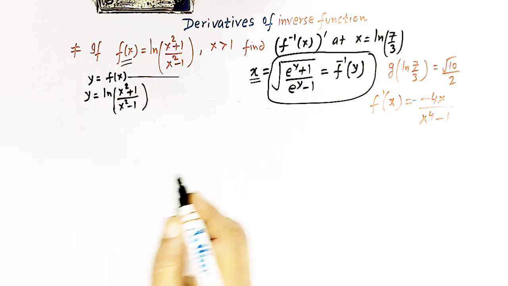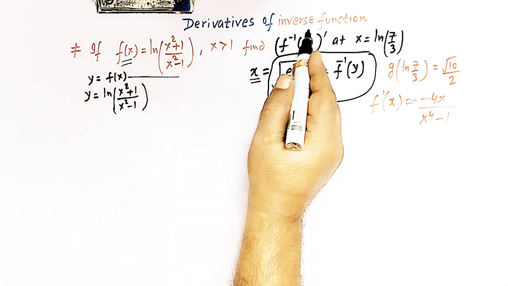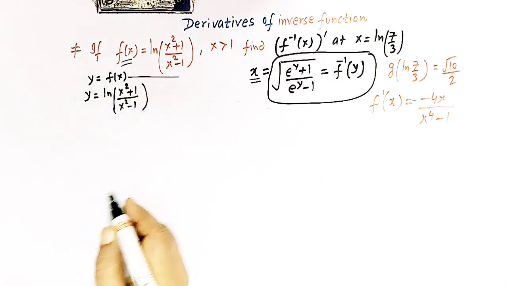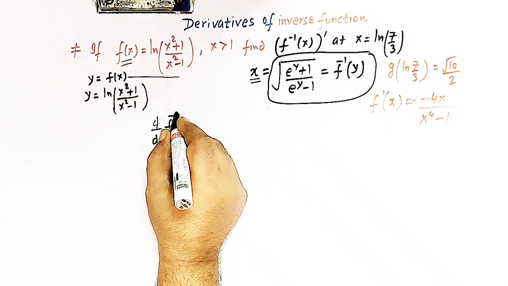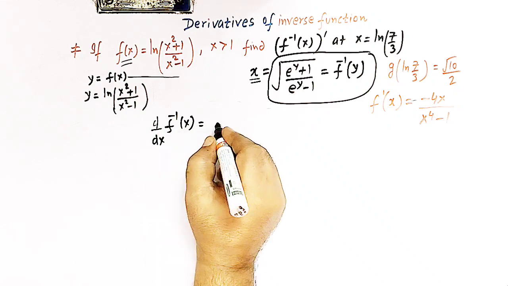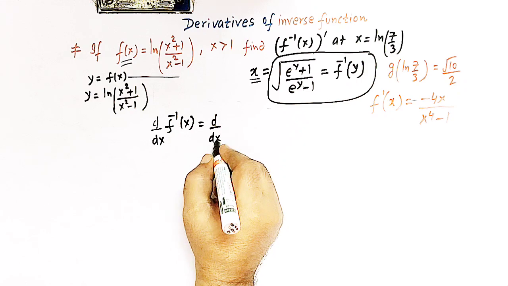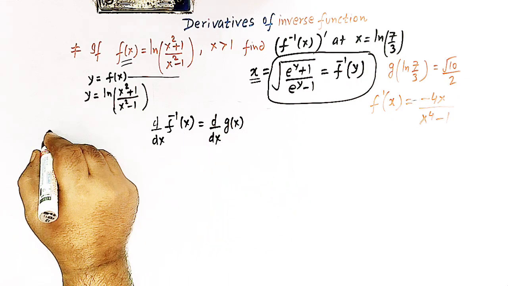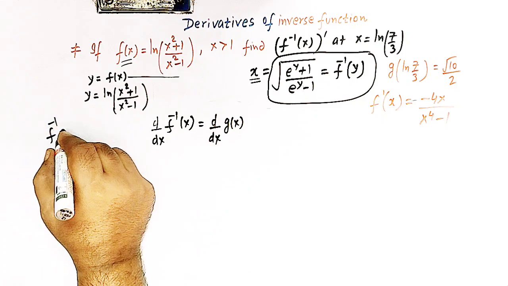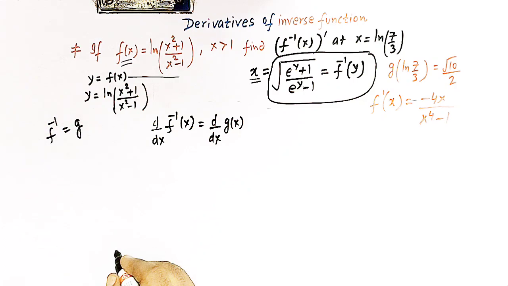So now the formula for the derivative of inverse of f of x is given by d by dx of f inverse of x, which is equal to d by dx of g of x, because we have assumed that f inverse is equal to the function g.